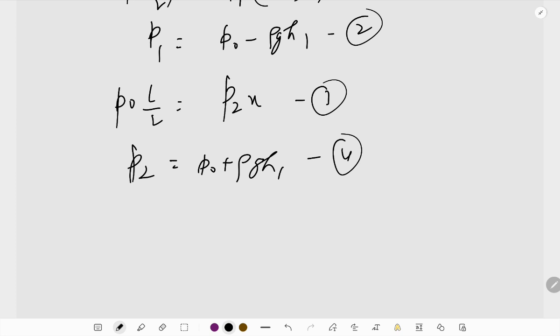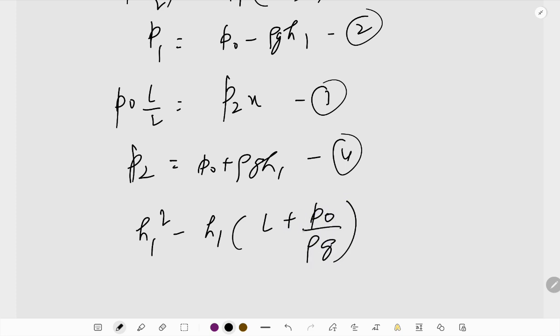These are the 4 equations we got, and we can eliminate P1 from the equations, and we will get something like H1 squared minus H1 L plus P naught L by 2 rho g equals 0.